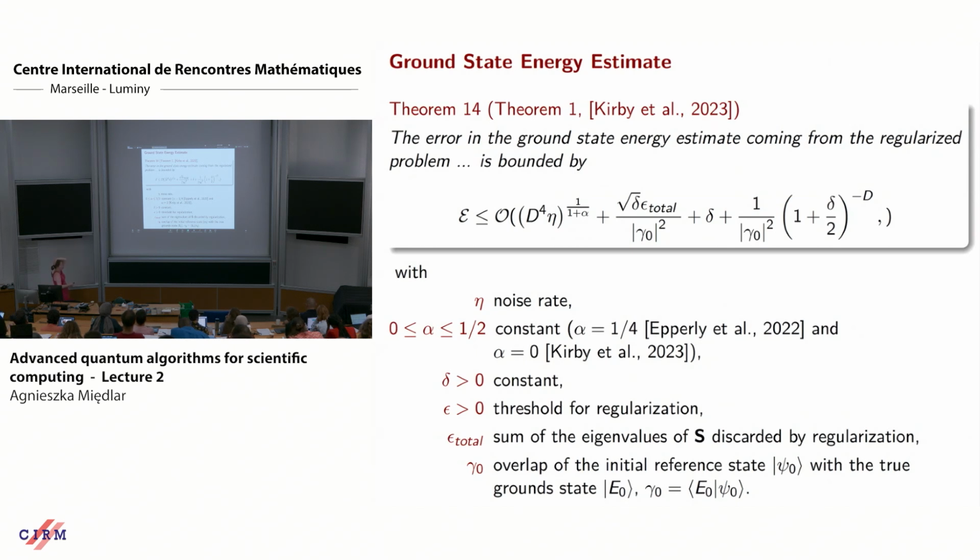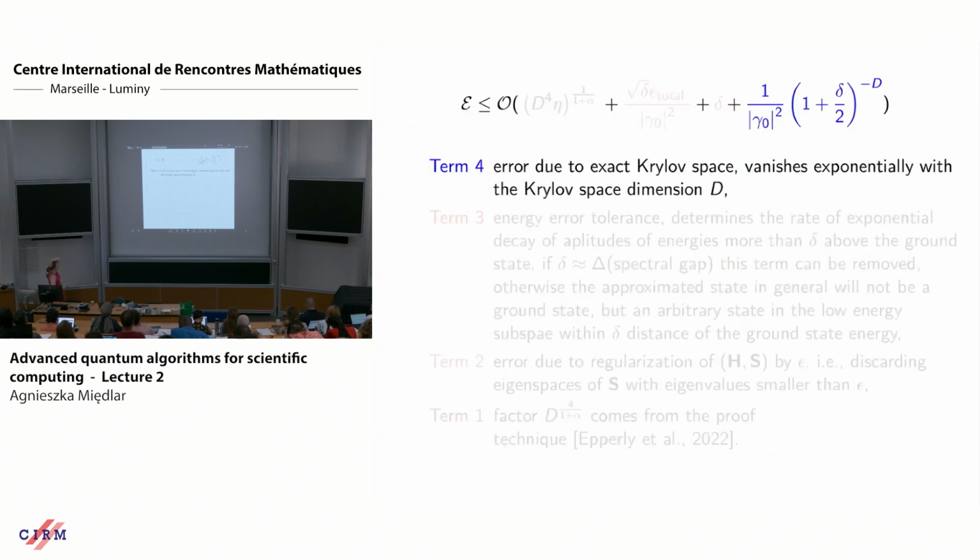And gamma 0, which everyone discussed, the overlap of your initial state with your ground state, comes into the game. So I want to discuss those components of this error. The error is proportional to this quantity. Looking at those quantities, I want to start with the last component: the error due to the exact Krylov space.